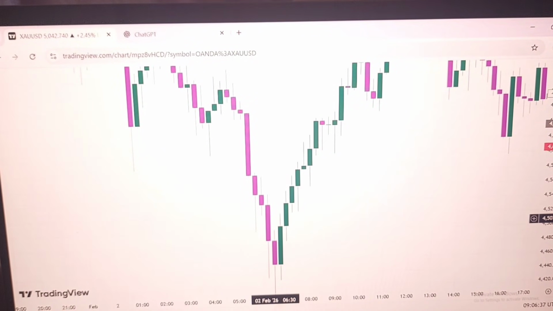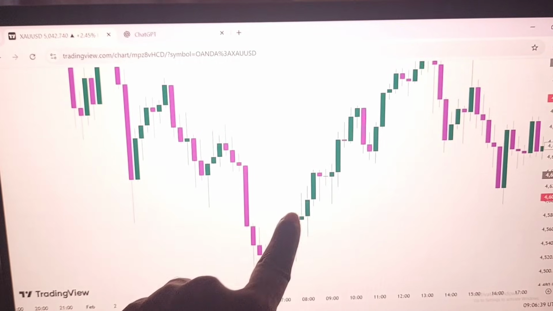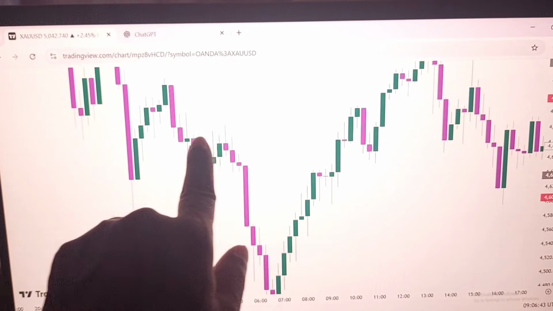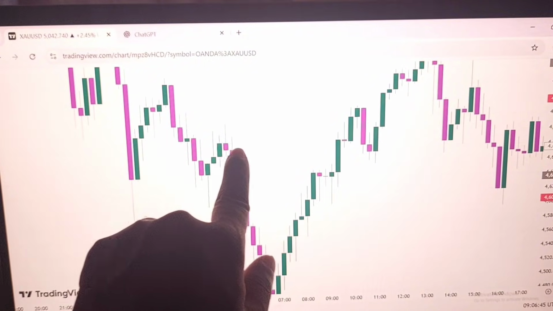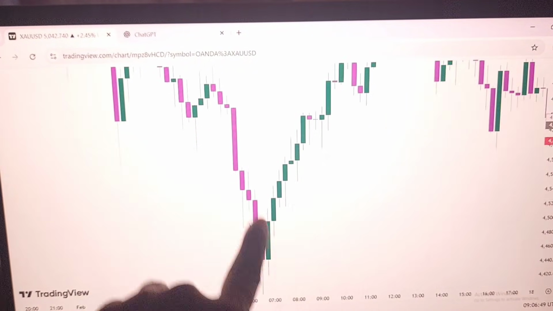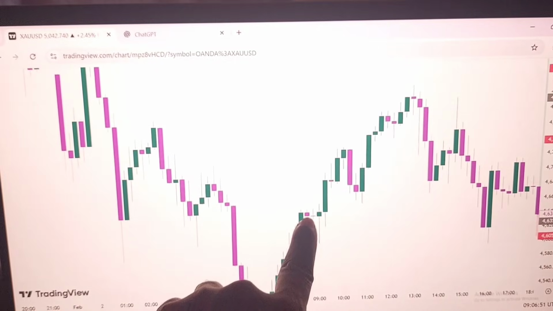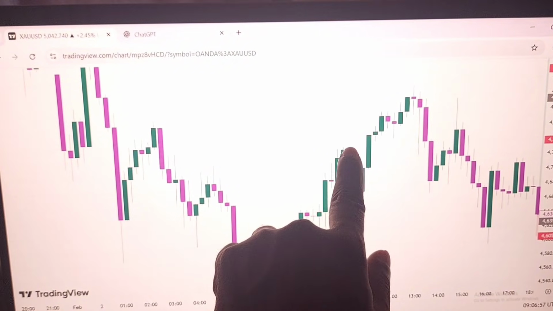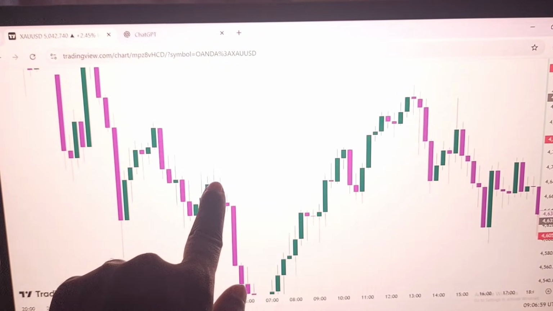I only wanted to see price make a higher high, right? To make a high above the previous high. This was the previous high. This was a lower high, right? So it came here. Even this, I wasn't convinced. I needed a structure. So it made a high above the previous high, right?